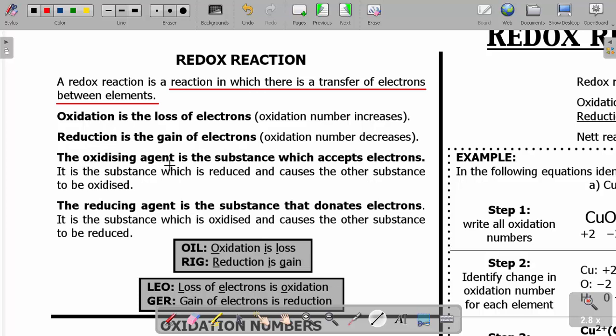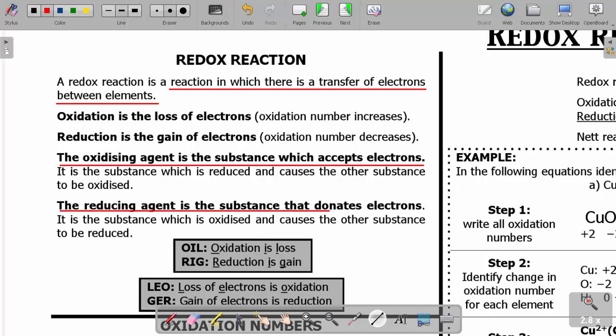The oxidizing agent is the substance which accepts electrons. Please understand this when you say define oxidizing agent. You must tell them it is a substance which accepts electrons. And it's the substance which is reduced and it causes the other substance to be oxidized. What about reducing agent? It is a substance that donates the electrons.